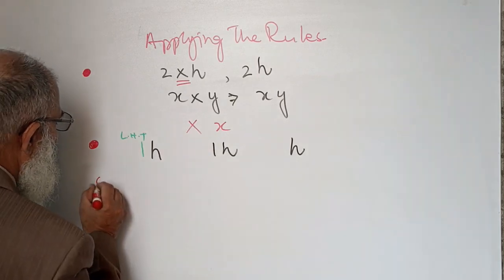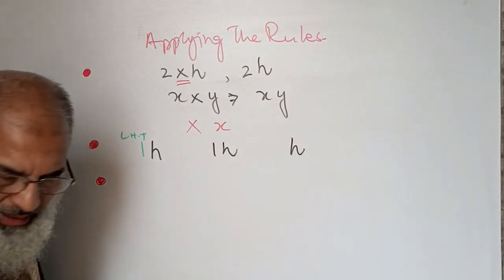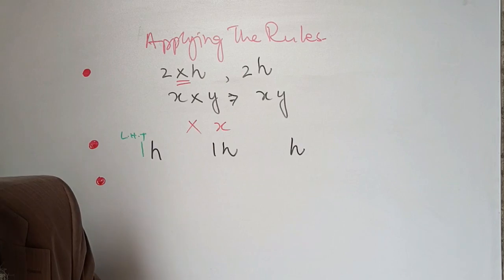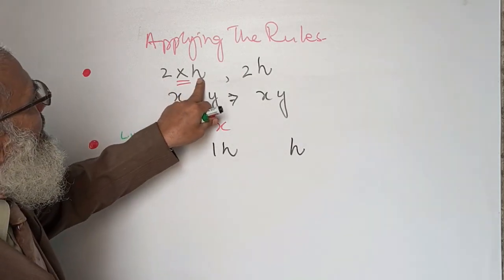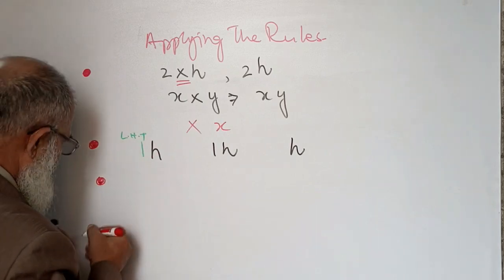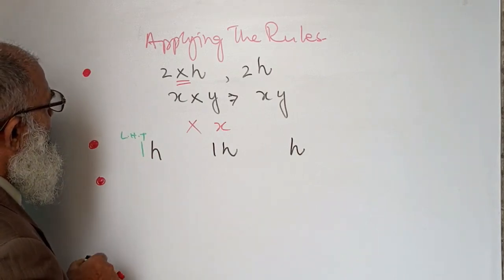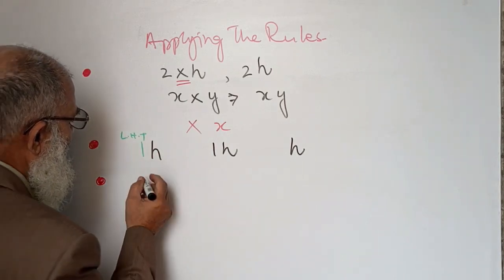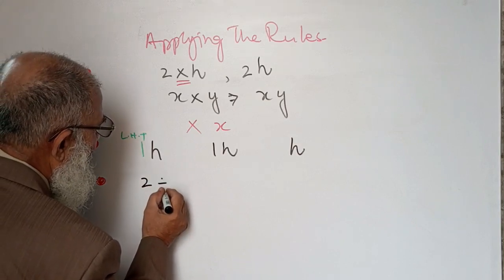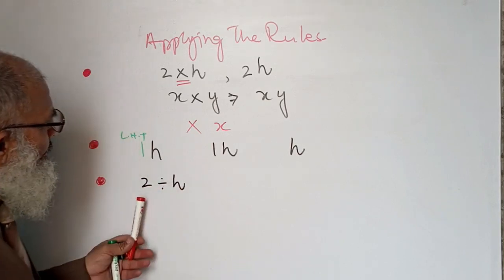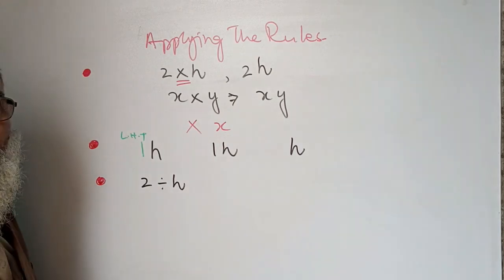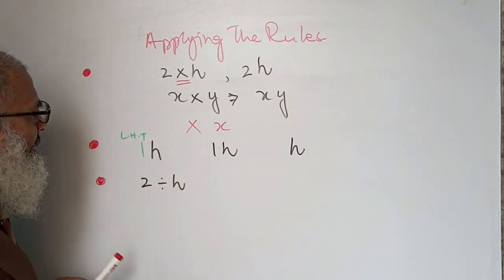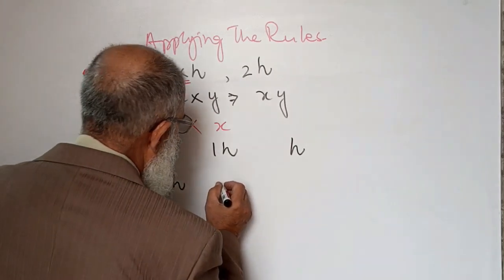And the third rule is, just as with multiplication, if it is written like this, 2 divided by h, we don't use this division symbol over here as well.